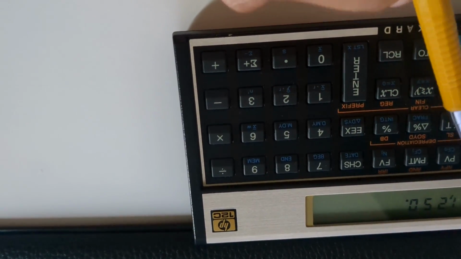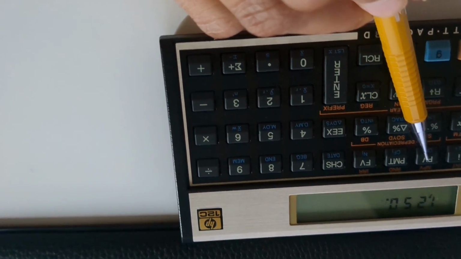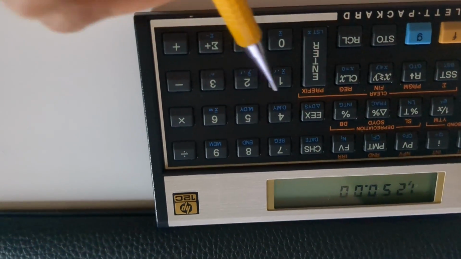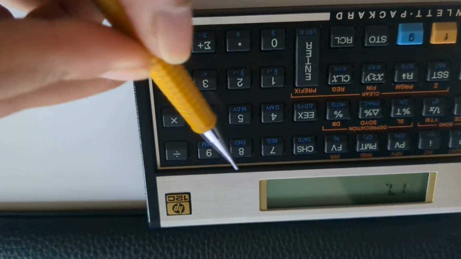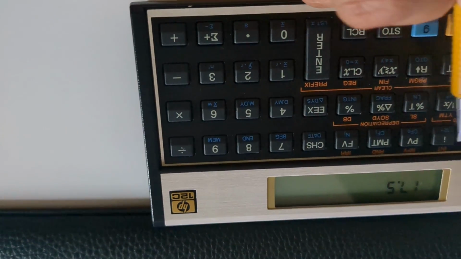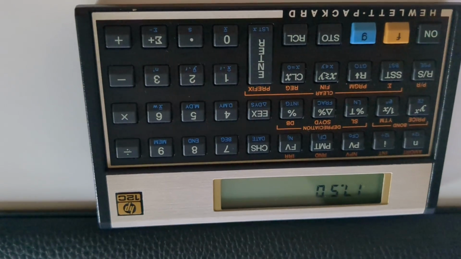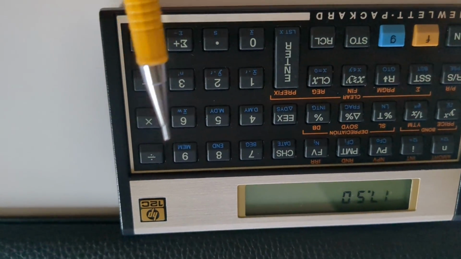The PV that I told you at the beginning, that is the present value. We press PV and then we enter the interest, 17.5, I, and then we enter the number of years.